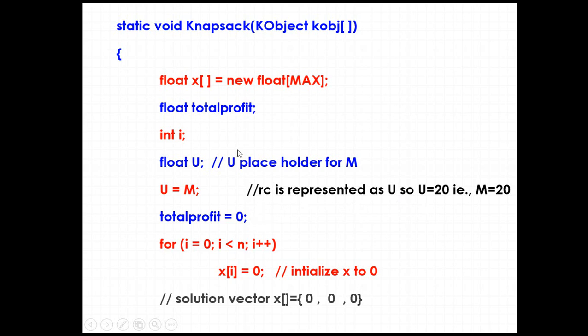Next, total profit is initialized to 0, right? Next, the solution vector is also initialized to 0. For all the three objects in the solution vector, we have initialized 0 value, right? Before placing the object in the knapsack, these are all the initializations that we need to do, right?